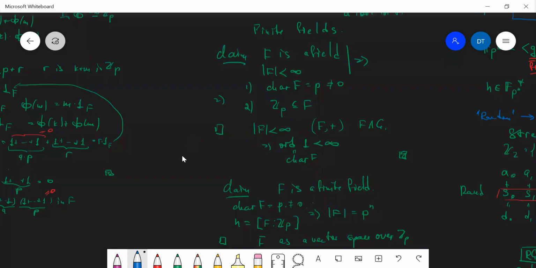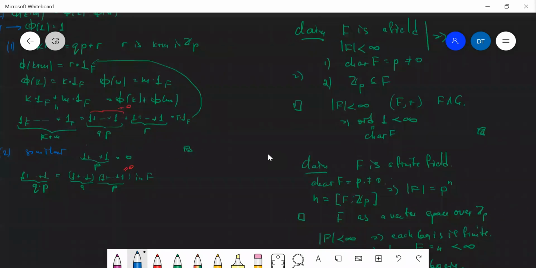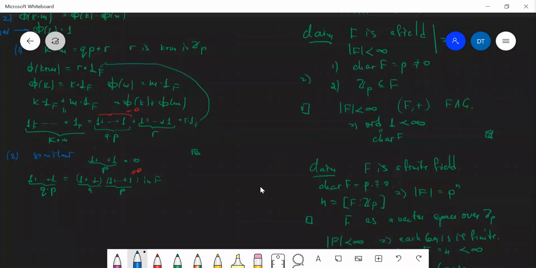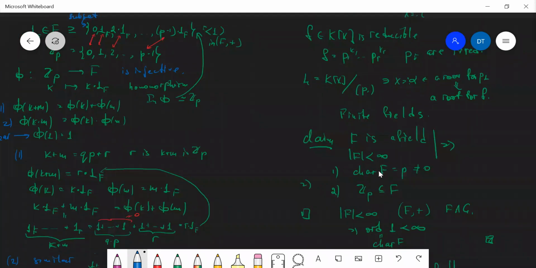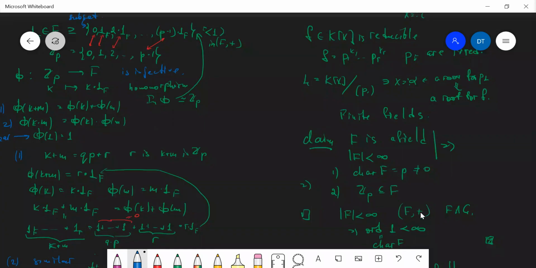The axiom for addition says that F with addition must be an abelian group. So we have a finite set, which means it's a finite abelian group, and the order of every element is finite.